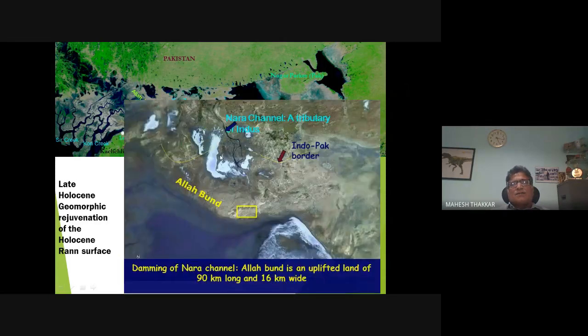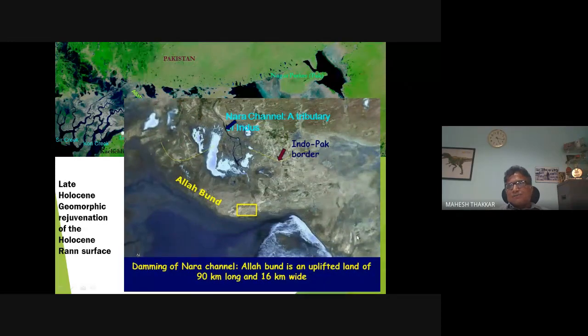So during one earthquake, this large, long linear ridge developed. It actually uplifted by maybe around 6 meters, and 90 kilometers long, 6 meters high, and around 16 kilometers wide.